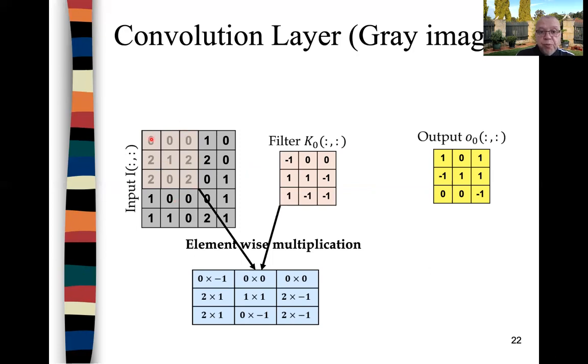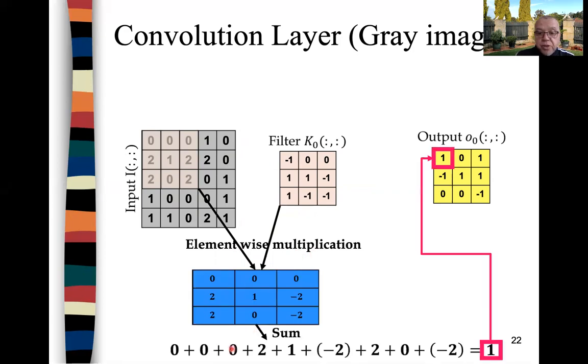Then we perform this operation: 0 by -1, 0 multiplied by 0, 0 multiplied by 0, and I skip this one. Then 2 multiplied by 1, 0 multiplied by -1, and 2 multiplied by -1. So I do all these element-wise multiplications, get the results, and then I sum them, because remember I had a sum sign in my formula. So I get the 1, and I put it here.